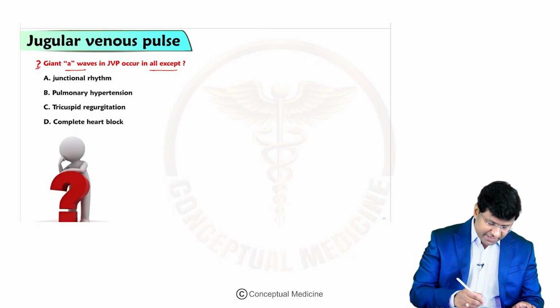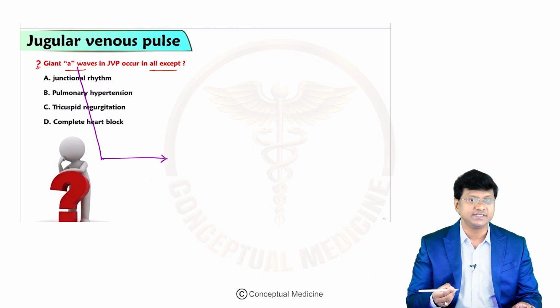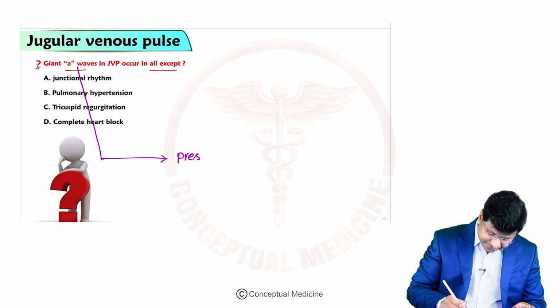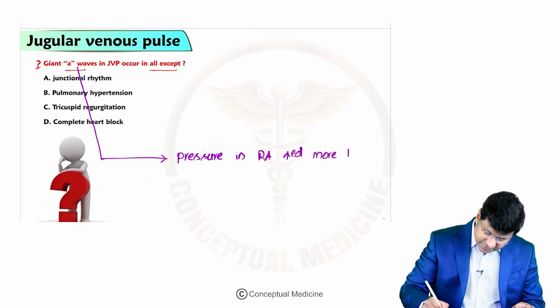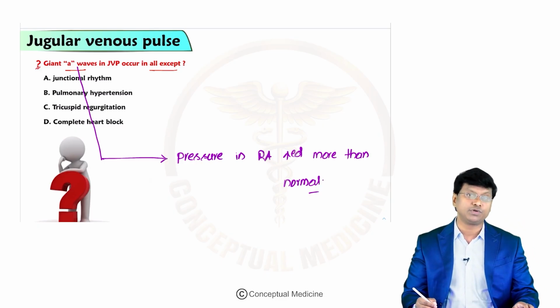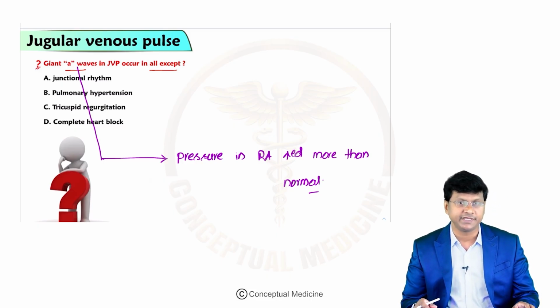What do you mean by the word giant A wave? Giant A wave means the pressure within the right atrium is increased more than normal. That is the point when you have the presence of the giant A wave.